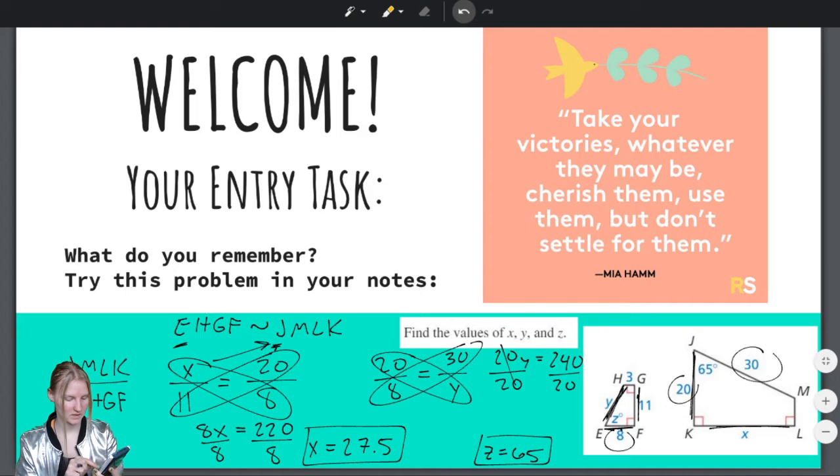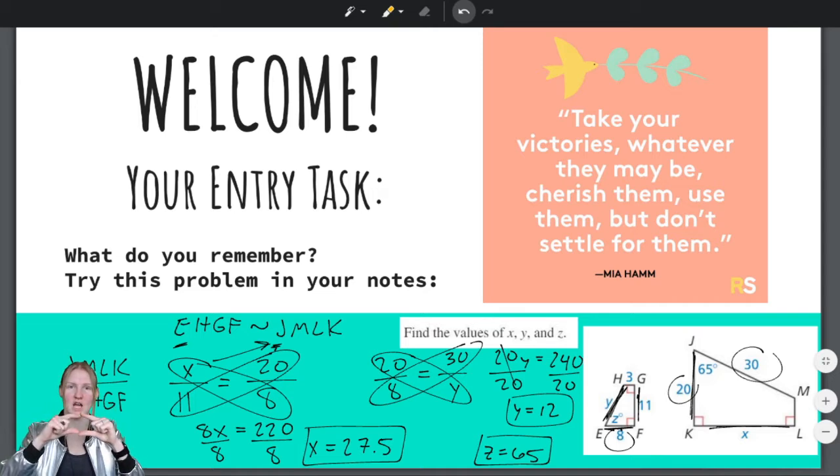Divide by 20, and we get that y is 12. Okay, wonderful. We can check our answers by setting up a statement of proportionality among all of our corresponding sides. For the sake of time, I'm not going to do that. I leave that as an exercise to the viewer.